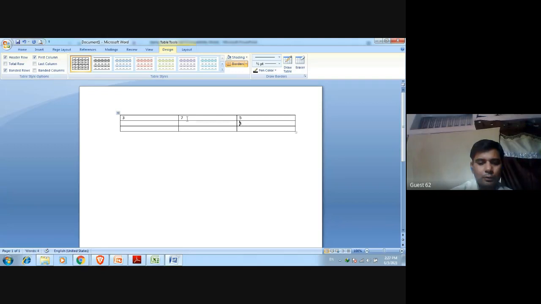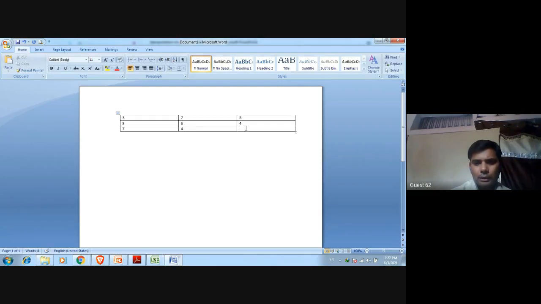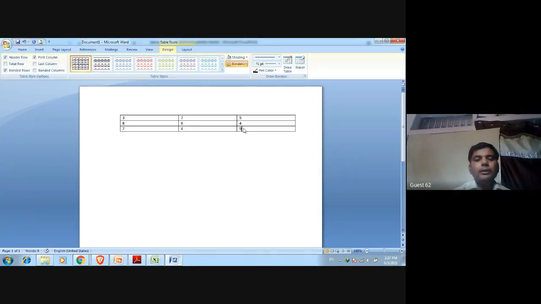Next 4, 6, 8. Now 7, 4, and 9. These are the transportation costs. These are the per unit transportation costs.